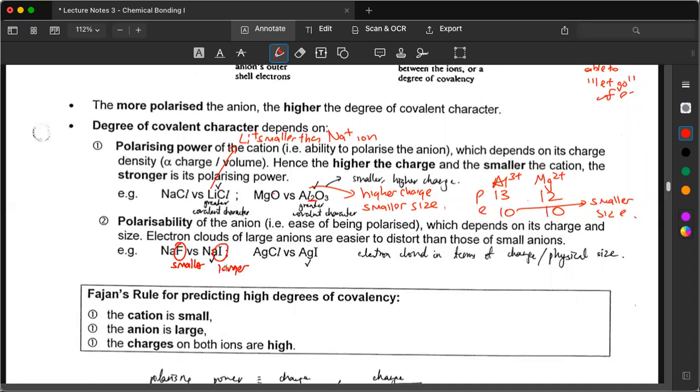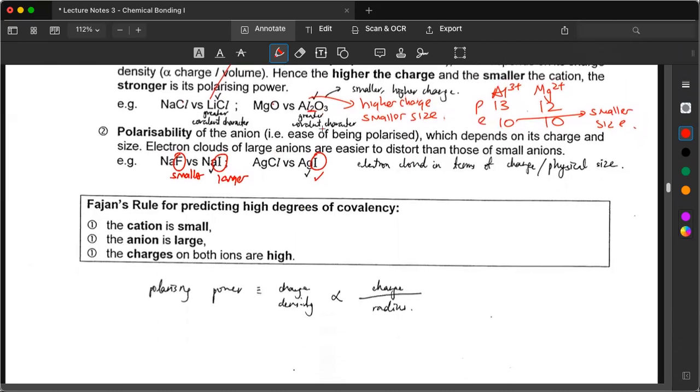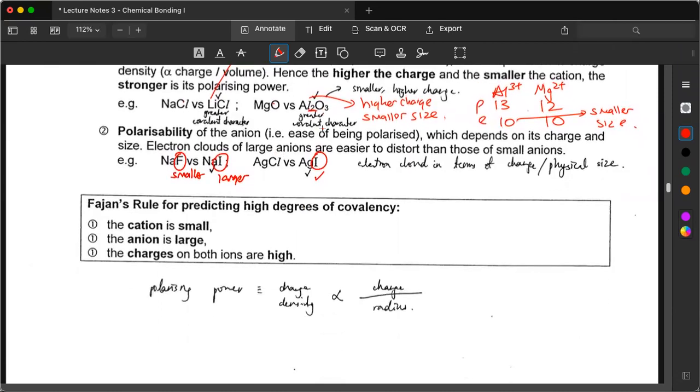Larger anions do not hold on to the valence electrons so strongly, so they are more easily, not lost, but more easily given out. Fajans' rules for predicting high degrees of covalency: the cation is small, the anion is large, and the charges of both ions are high.